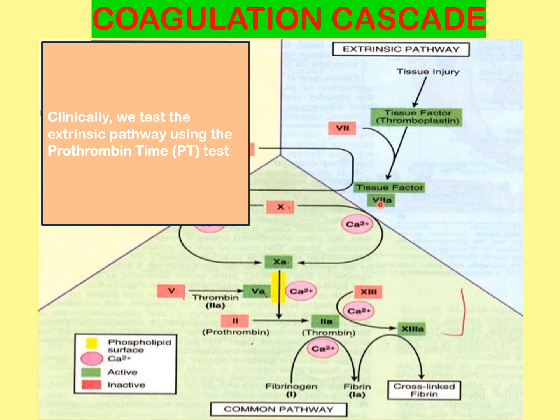Now, tissue factor along with factor 7A go on to activate inactive factor number 10 to active factor number 10A. At this point, the intrinsic and the extrinsic pathway join together into a common pathway which leads to fibrin formation, and further it can clot the blood.